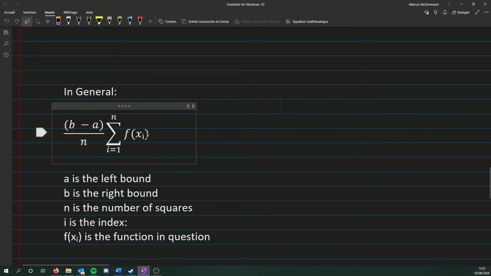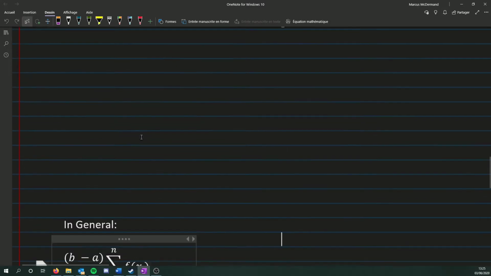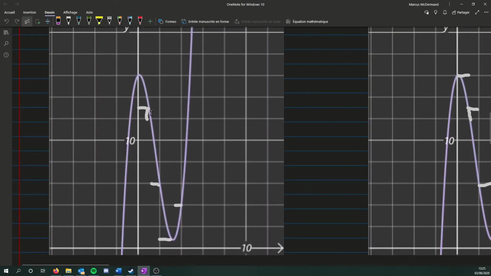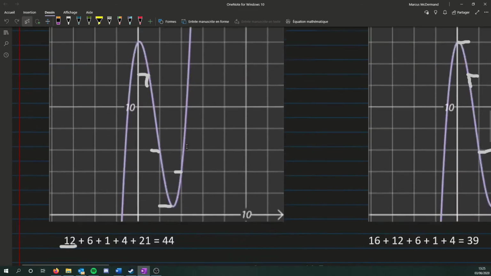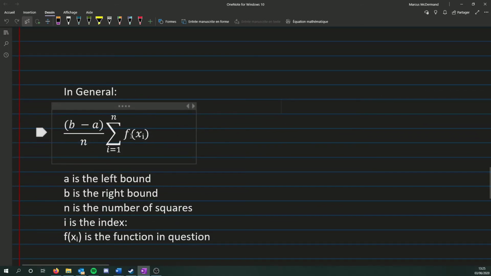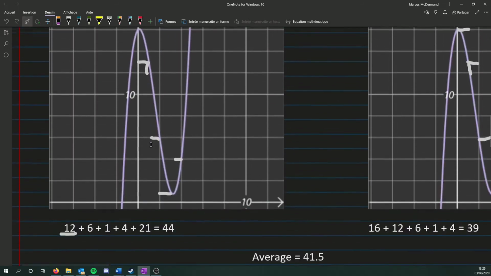Now for f of xi, what you're doing here is x number 1, x number 2, x number 3, x number 4, x number 5. Each and every one of these x's is whatever the bound is at which you are taking the measurements. So if you're taking the right bound, then your first xi will be 1, then 2, then 3, then 4, then 5, because the function at those points happens to be equal to f of x at whatever the x was from which you were taking.